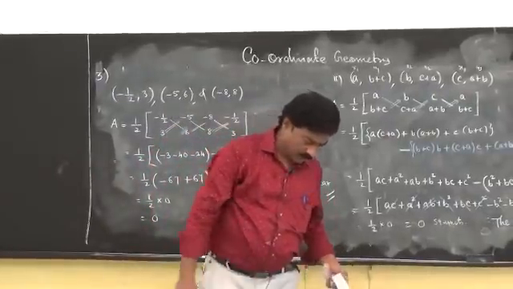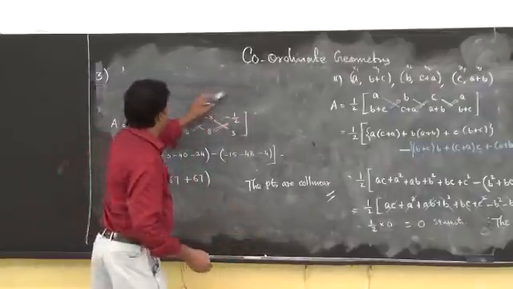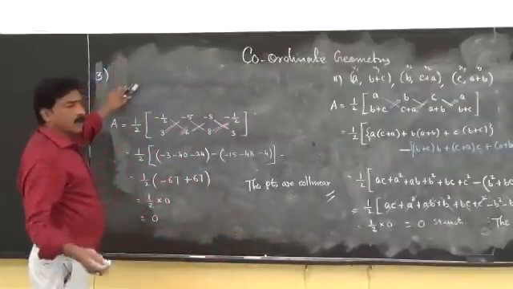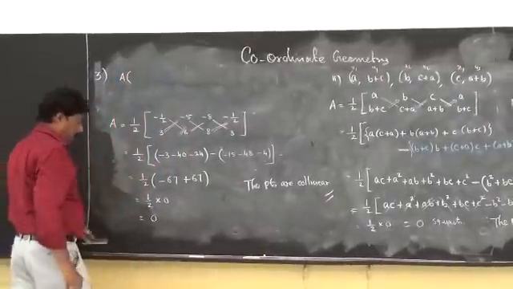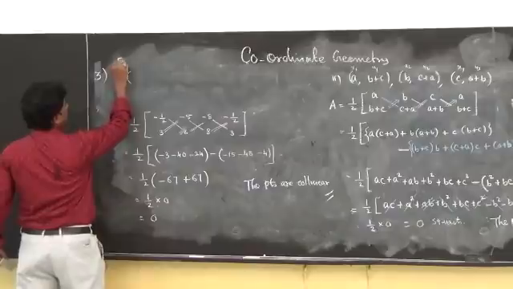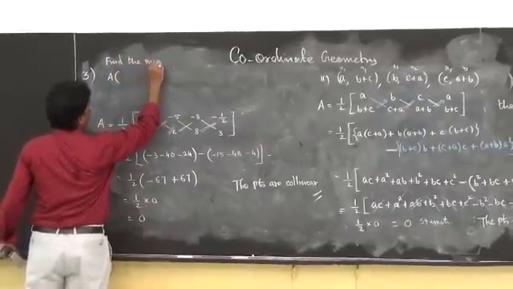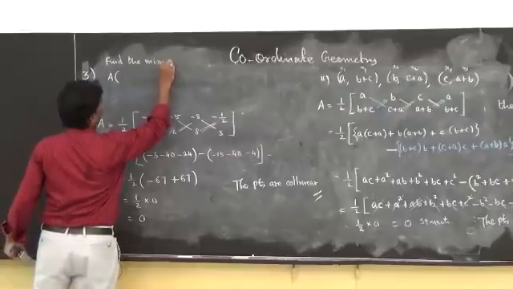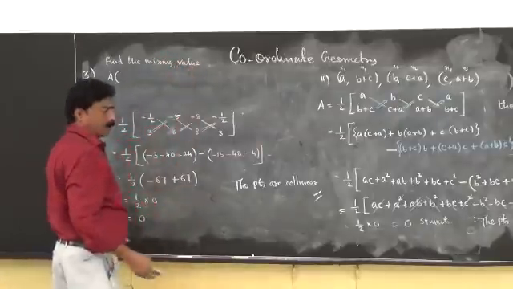Area and the vertices are given. When area and vertices are given, you don't need to plot, I already said. You can take straight away A, B, C like that. Find the missing value, whether it is A or B or M, whatever it is.